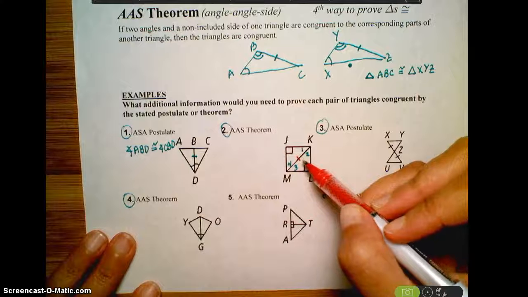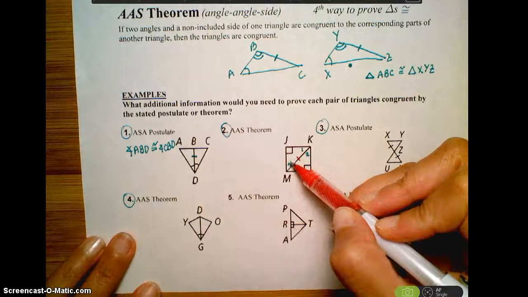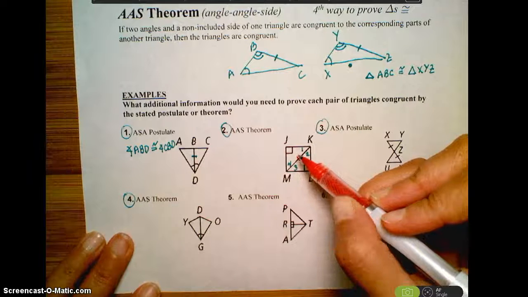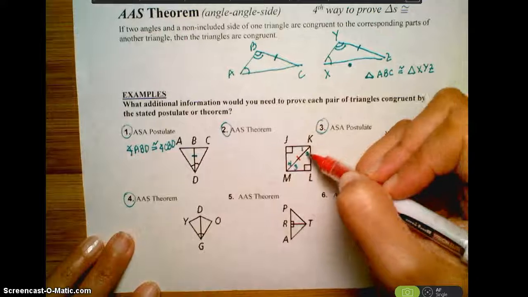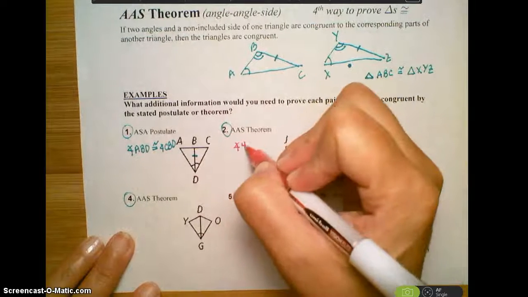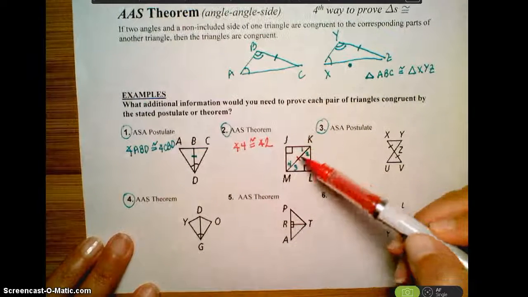So one possible option is that angle 4 is congruent to angle 2. Angle 4 is congruent to angle 2. That would work for us.